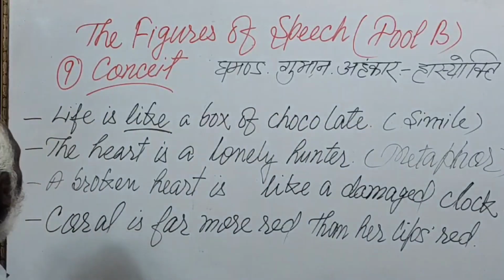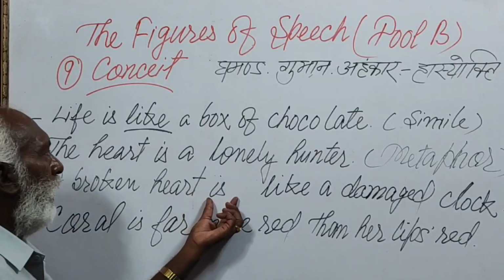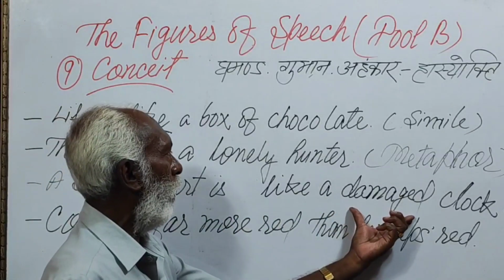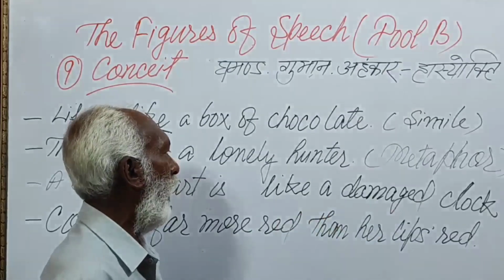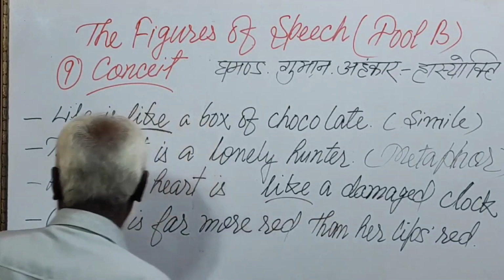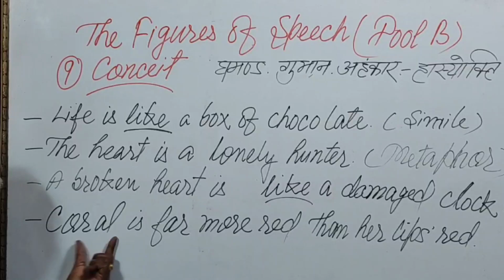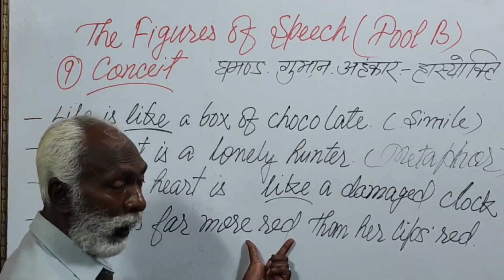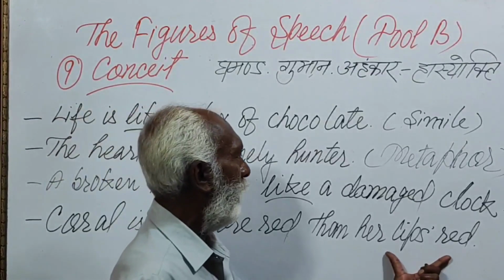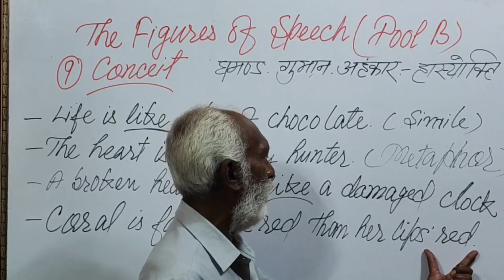Metaphor. A broken heart, एक टूटा हुआ दिल, is like a damaged clock. वह एक क्षतिग्रस्त क्लॉक, घड़ी की तरह है. Like, again simile. And coral, मूंगा, is far more red, बहुत अधिक लाल होता है, than her lips, उसके ओठों की अपेक्षा.